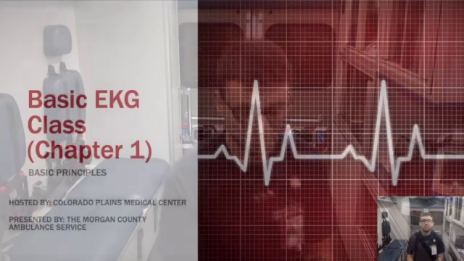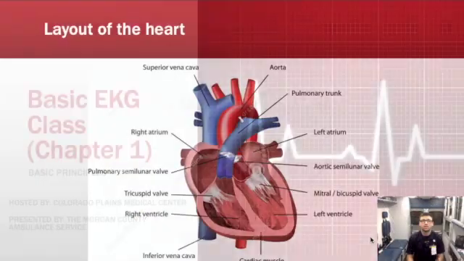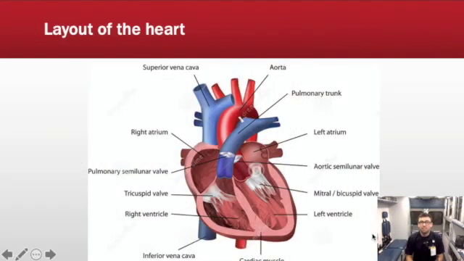Chapter 1, Basic Principles. So most of us have some sort of medical background, either in nursing, respiratory therapy, paramedicine, or pre-hospital. As a reminder, I have a photo of the heart so that we can recognize the main areas of the heart. We have the superior vena cava next to the aorta and the aortic arch.